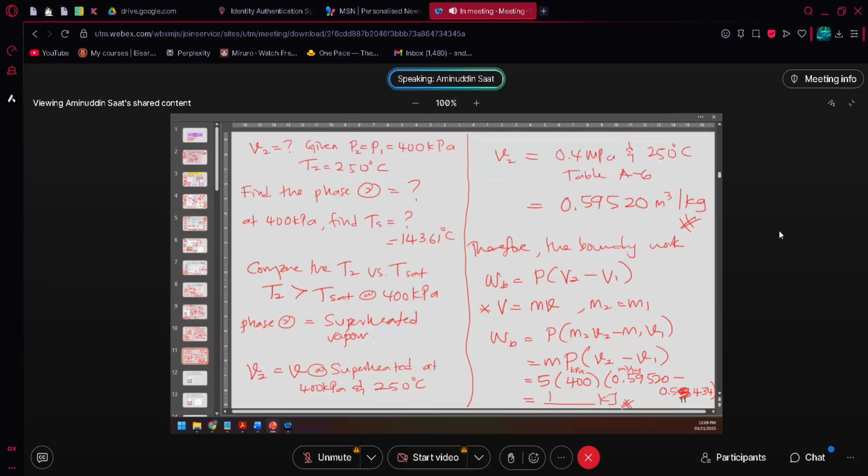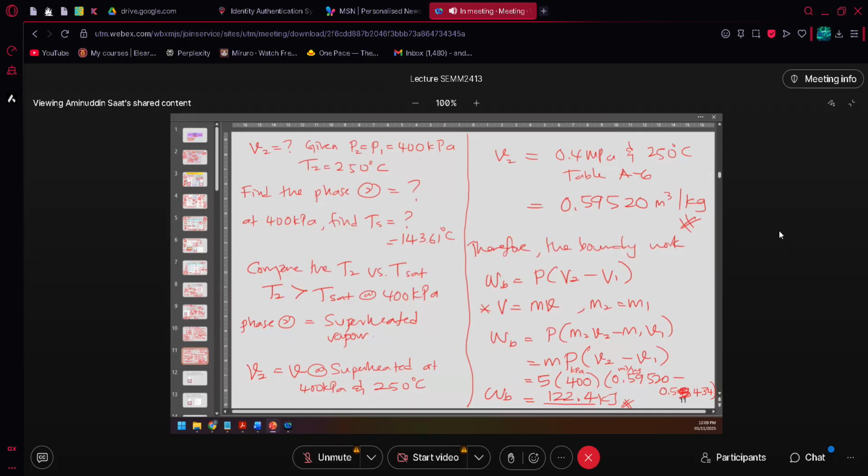So 1 to 2.4 kilojoule. Okay, so that is the boundary work for the process of heating of the water under constant pressure process.